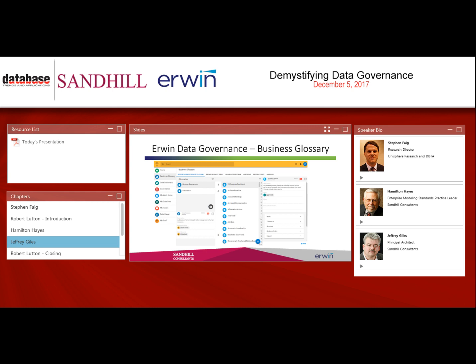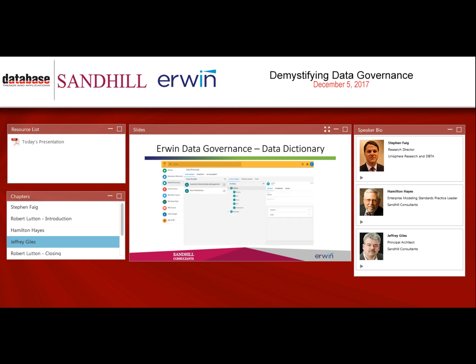Now, the next perspective here is a data dictionary. So for all of you data architects and enterprise architects out there, you know that you deal with things like domains, and domains have allowable values, and those values might have different data types that have different lengths. This is something that I would be looking at if I were a more technically inclined individual.